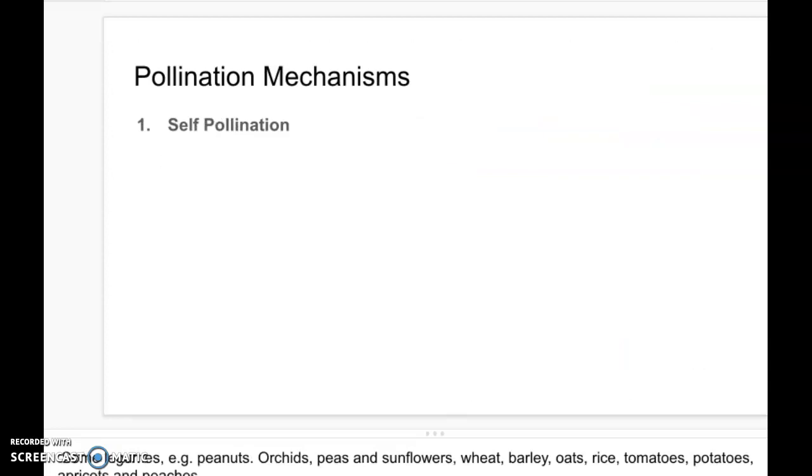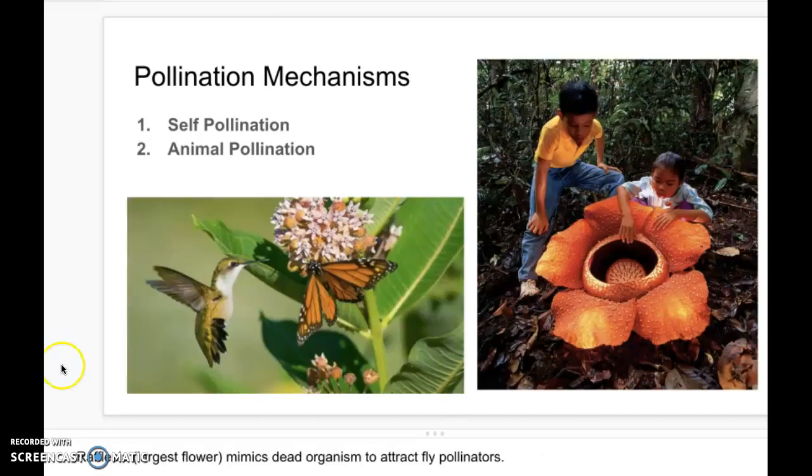Okay, so self-pollination. Self-pollination is when the plant is able to pollinate itself, and all that means is that the plant will take some of its pollen and put it down the stigma, and it will fertilize the egg, and it's going to make an exact copy of the plant.